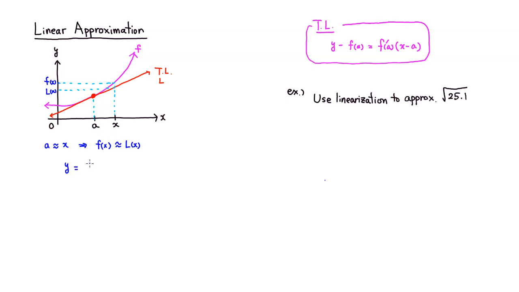So you have f prime of a times the quantity x minus a, plus f of a, and we're going to call that function L of x.